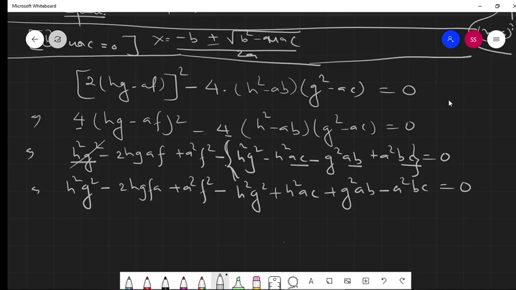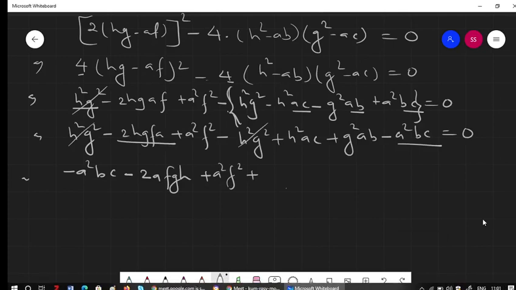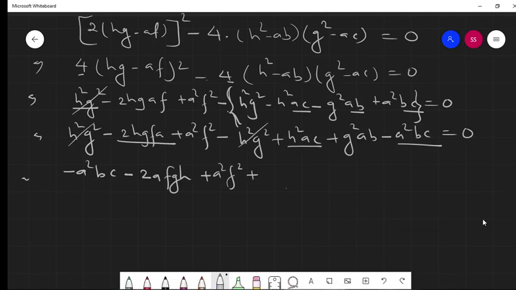This cancels. Now this term is minus a square bc, this term is 2afgh, and this is plus a square f square, plus this term is ch square, plus this is g square ab.